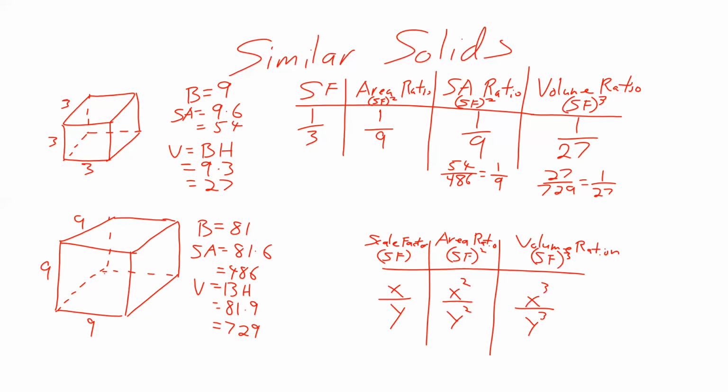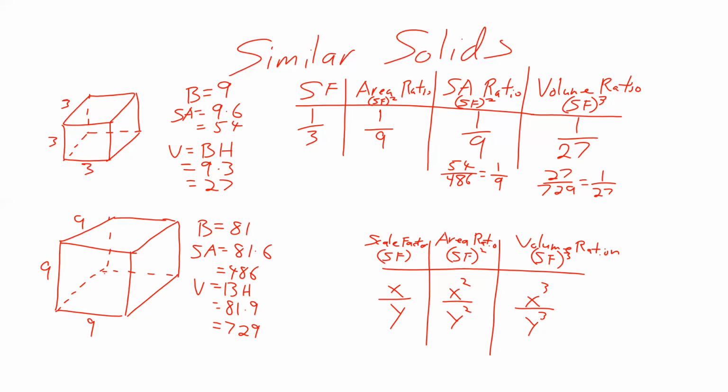When you get over to surface area or even area of the base or any of the areas, area is always a two-dimensional measurement, which our units are always squared. So you take scale factor and you square it, that gives our ratio for area. Volume is a three-dimensional measurement, right? All of our units are in cubed units. So if we take that scale factor and cube it, that'll give us the ratio for our volumes.